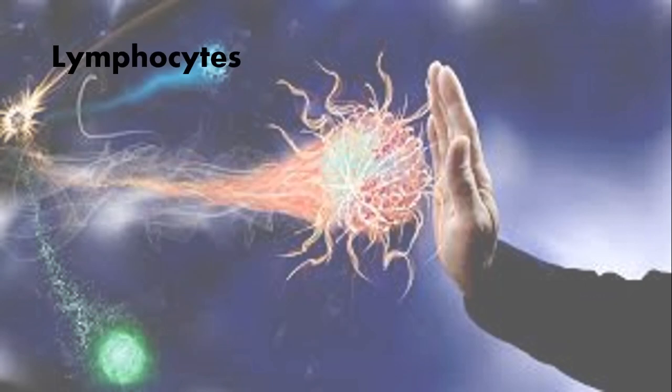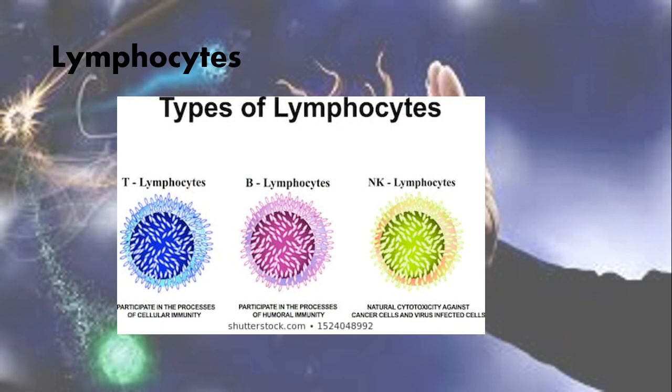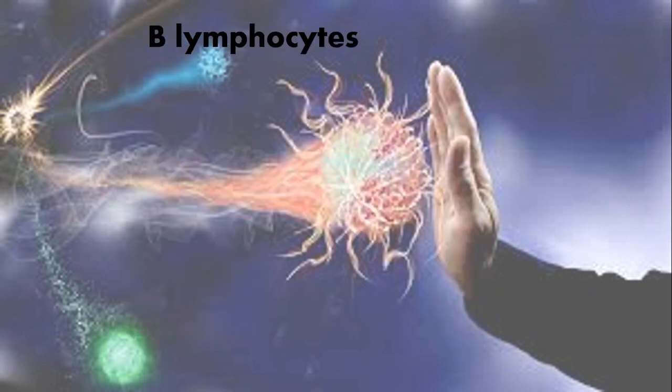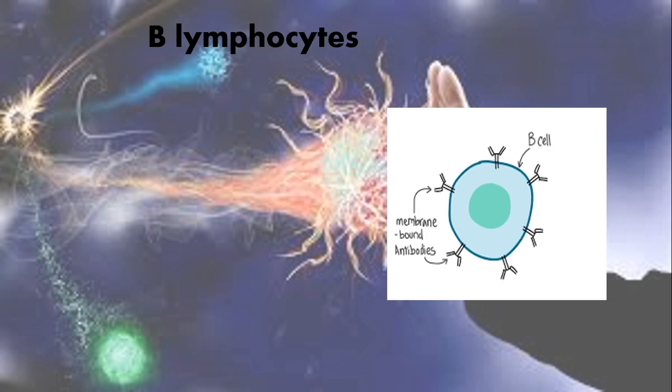Let's move on to the lymphocyte populations. There are three different types of lymphocytes: the B lymphocytes, the T lymphocytes, and the natural killer cells. They all have a big round nucleus. Regarding the B lymphocytes, the main important role that they undergo is the production of a Y-shaped protein called antibody.